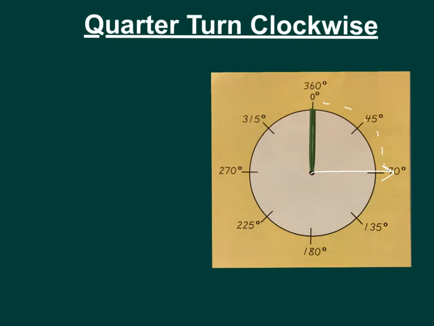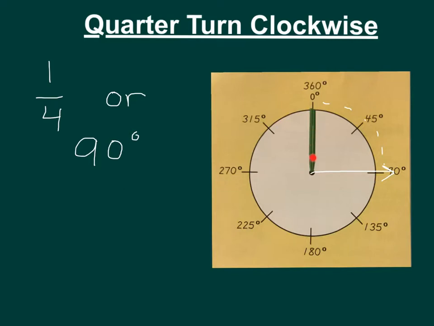Excellent. By making a 1/4 turn clockwise, it is the same as saying I moved 1/4 of the way through my circle, or that I moved 90 degrees through my circle. What type of angle did we just make?